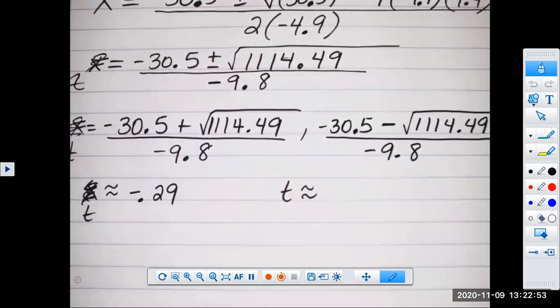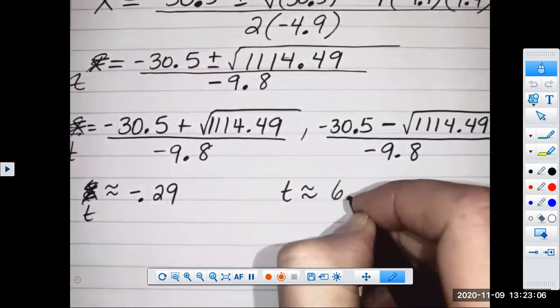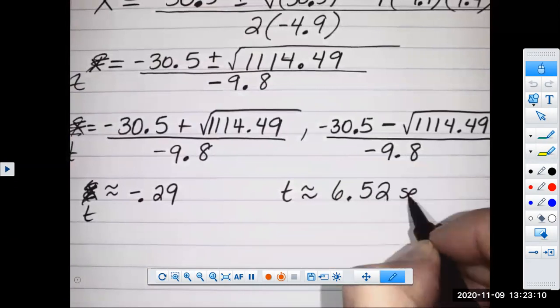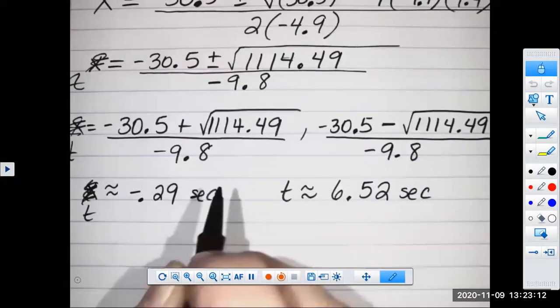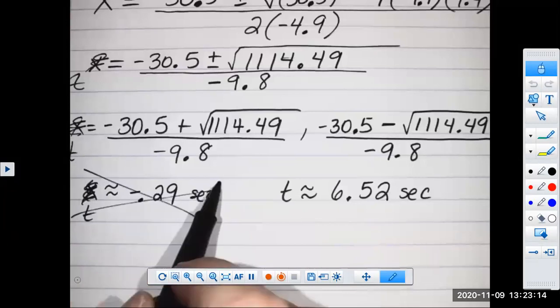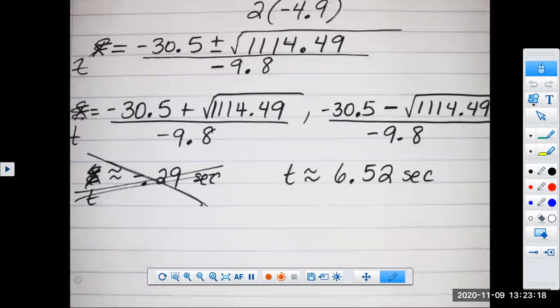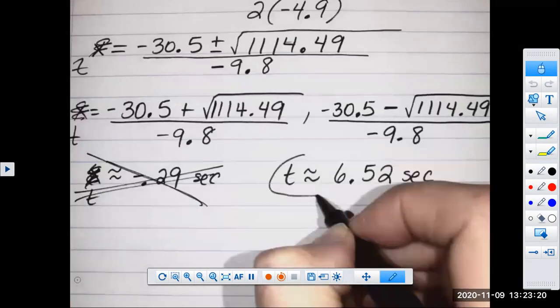Time is approximately in this one 3.52 seconds. But you, of course, can't have a negative time. So that's why you have to find both of them and rule out the negative value.